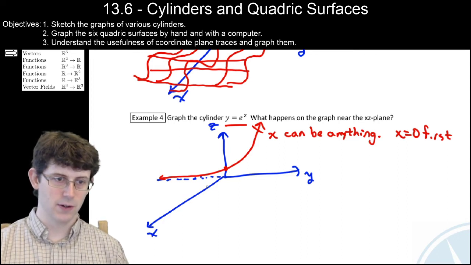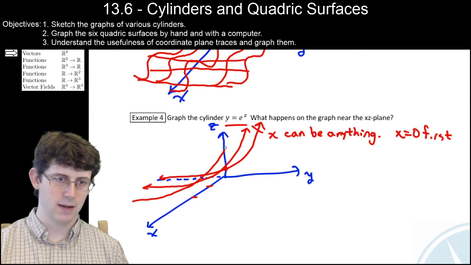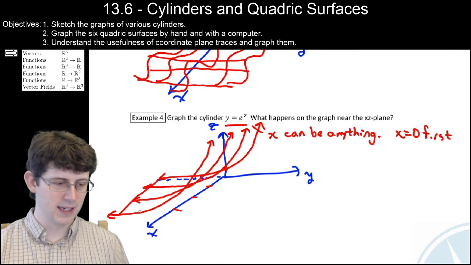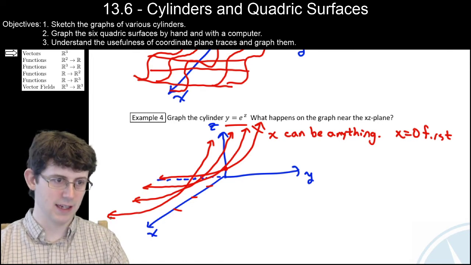But then this thing has to happen at every x value, because x is not mentioned. So you go over by 1, and you make another copy of it, and you go over by another one and make another copy. And you do this at every x value. Then the rulings are these connections, and the x can be anything, so you should make your rulings parallel to the x-axis.